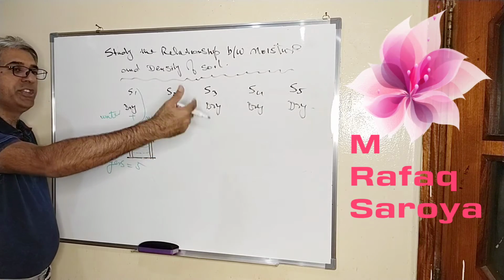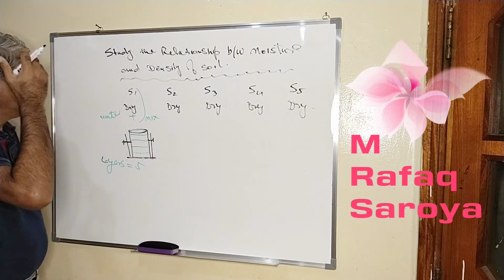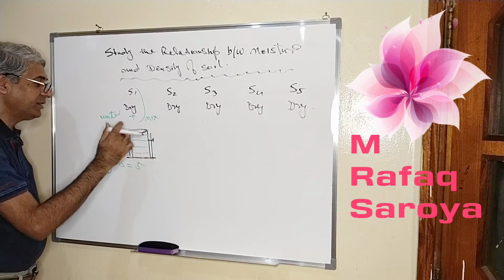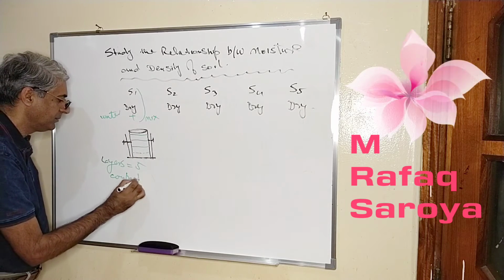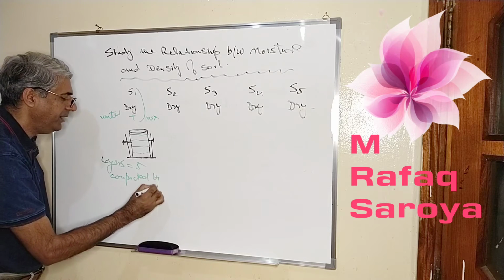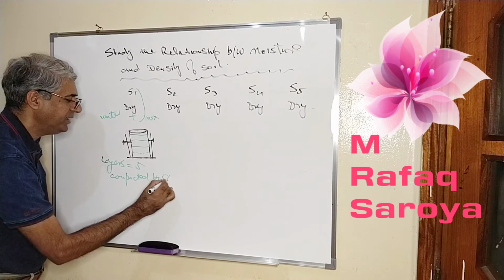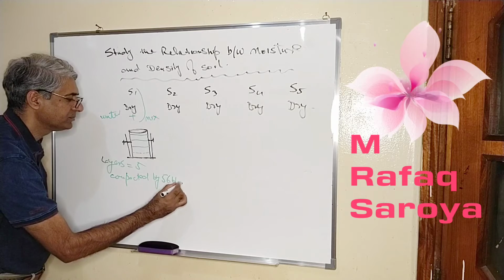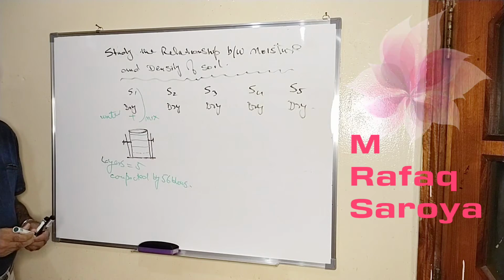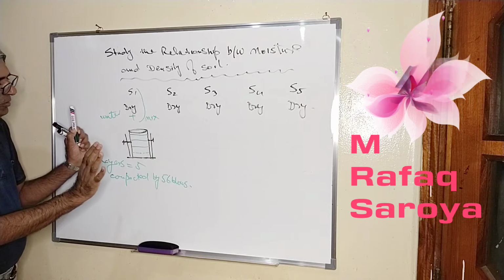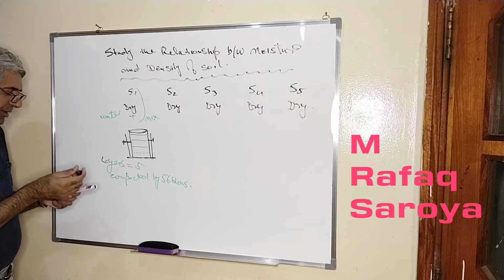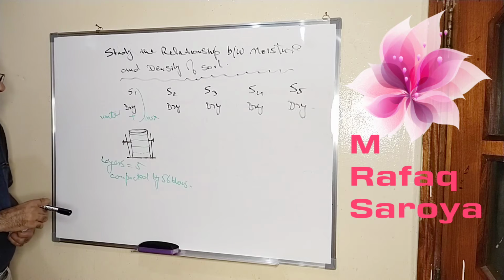Remember the rammer whose introduction I gave you: each layer is compacted by 56 blows. Keep this in mind. This is our full arrangement. We have put material into this in 5 layers.